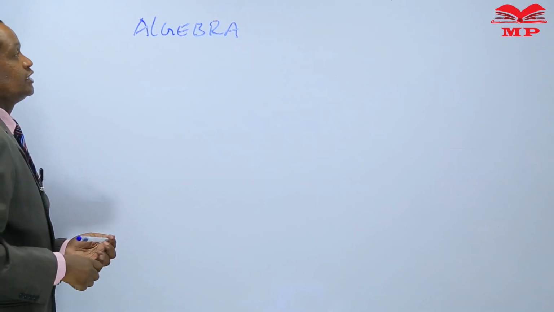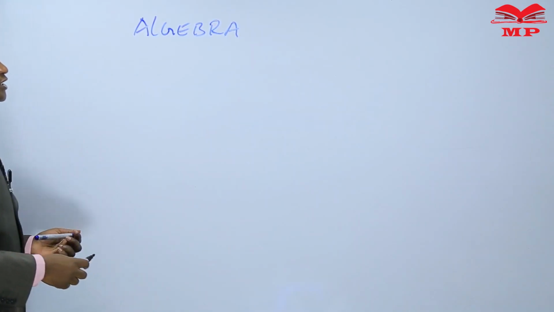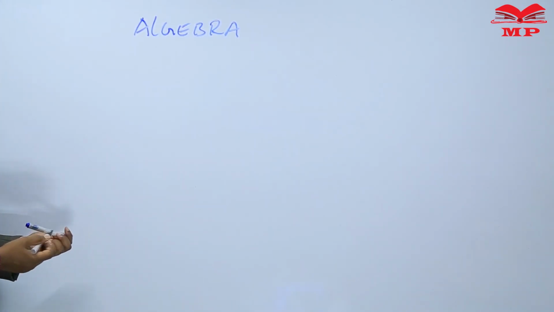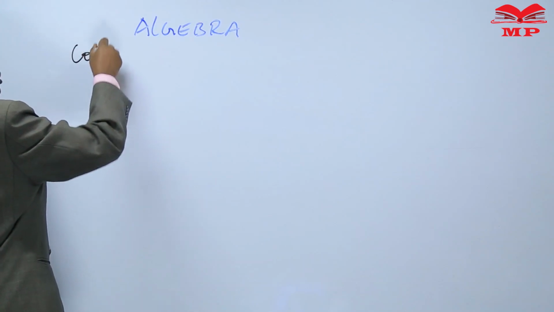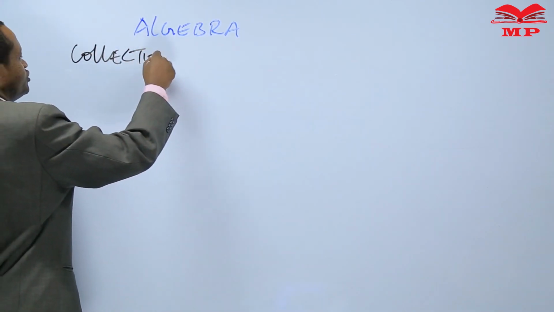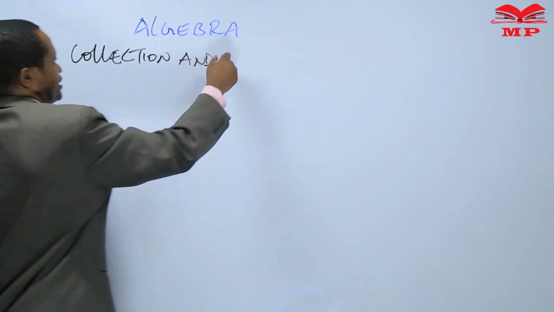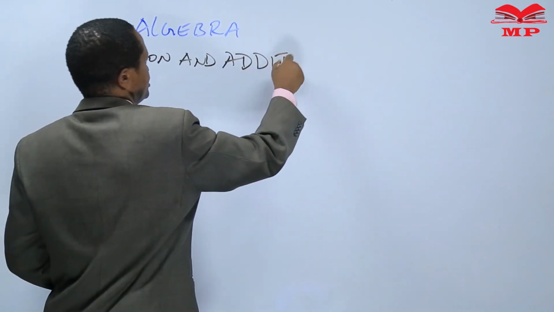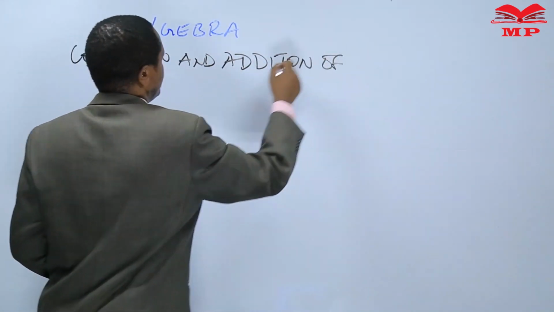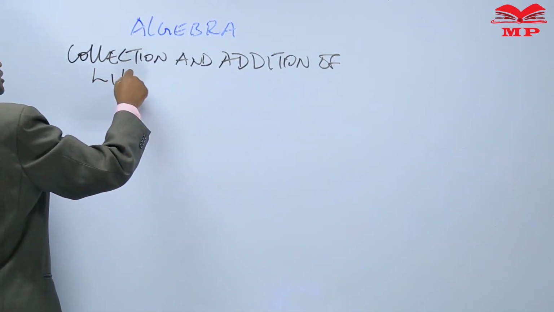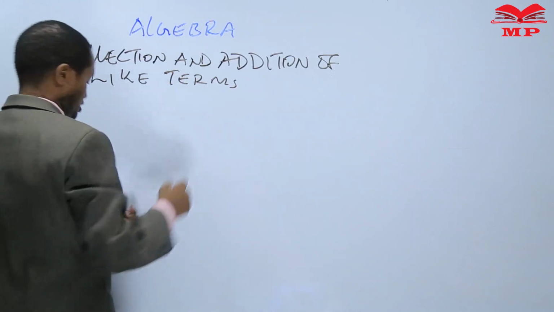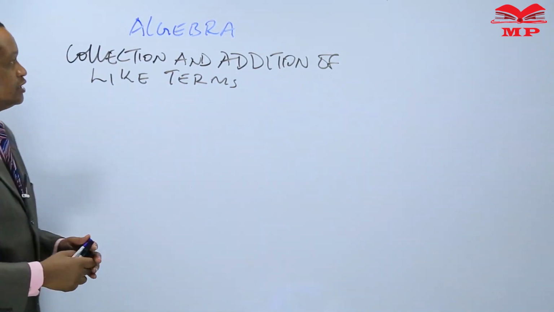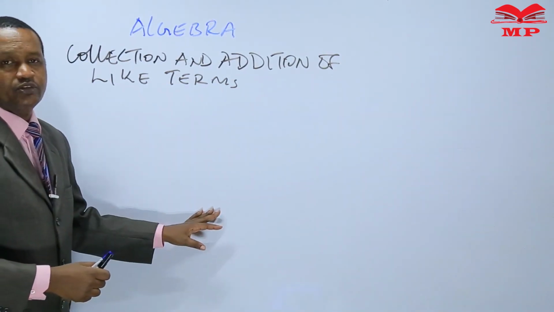In our last lesson, we started on the collection and addition of like terms. We learned how to collect and add like terms, and we worked out examples here on the board.